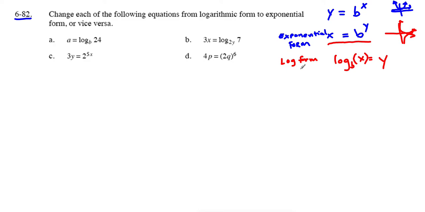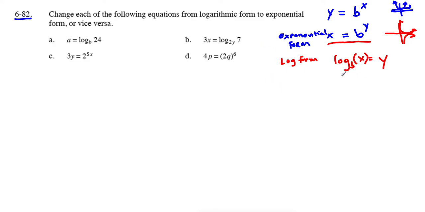If I'm in log form, my exponent, I remember, is the way we came up with so that we could isolate our exponent. So my exponent goes from exponential form to becoming kind of like my output here. And that leaves x just falling in where it needs to go. But if you can remember two of the three, the third one's easy because it's process of elimination. So that's just a little background.